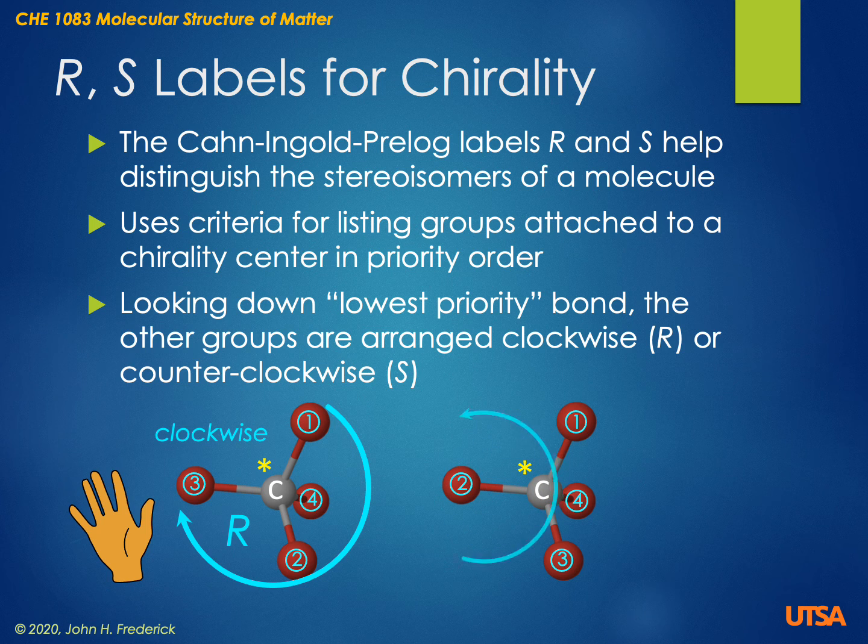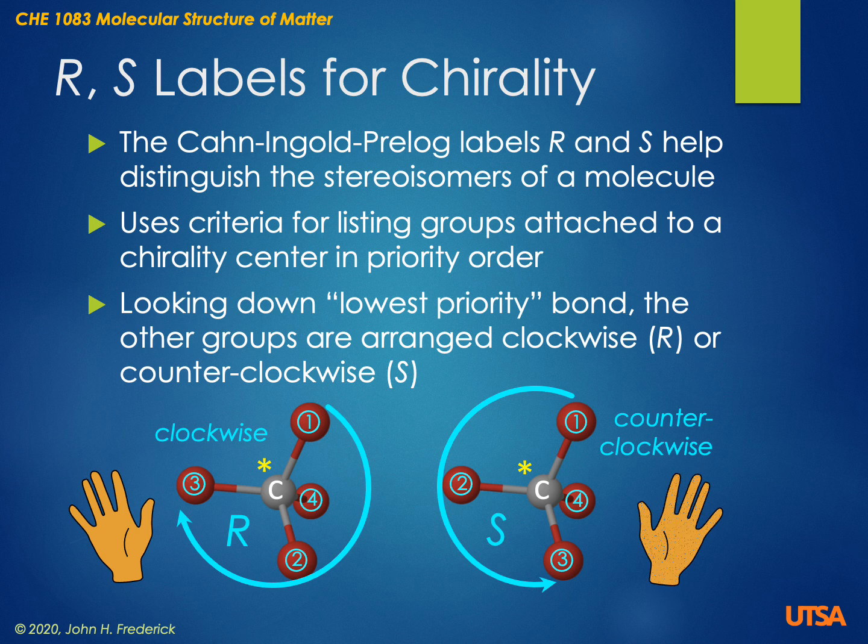And now when we go from 1 to 2 to 3, it's a counterclockwise direction, so we label it as S. Now I've fancifully put a right-hand label and a left-hand label on these just to emphasize the point that these 2 enantiomers are stereoisomers. They are not superimposable, and the R and S labels can unambiguously distinguish them once you know what that Cahn, Ingold, Prelog scheme is for attaching those labels. So we have a way of actually specifying which of the enantiomers we have.